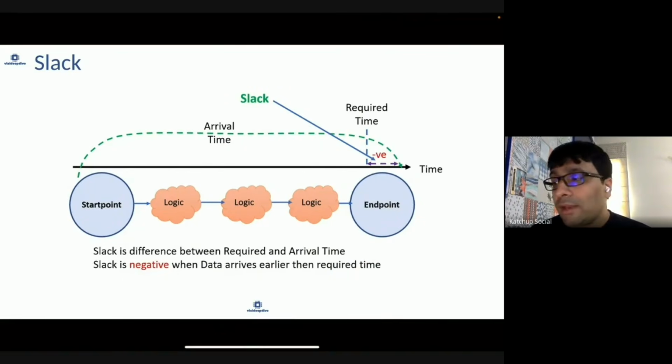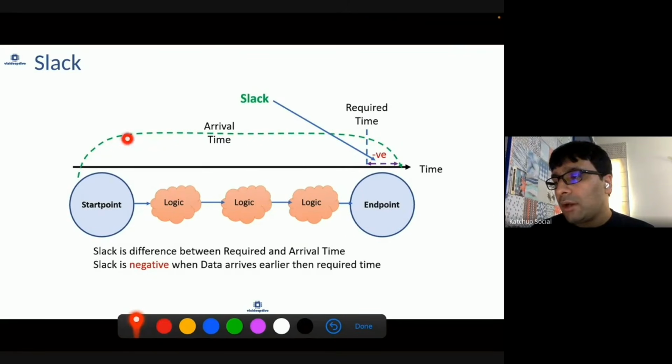Now let's say data arrives later than the required time. In this case, your data arrives here at this point of time, but it should have reached by this, which is given by the required time. So in that case, slack is negative. Slack is negative when data arrives later than the required time.